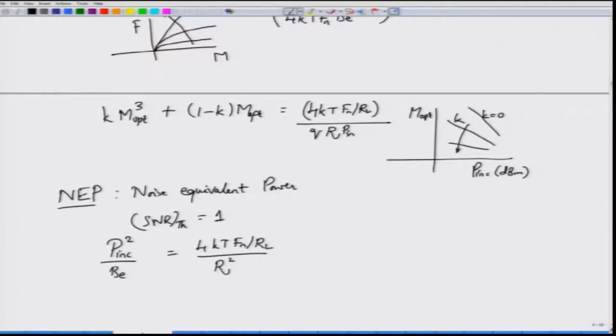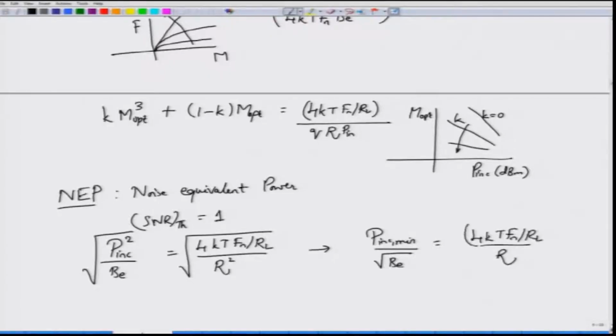You can take this R square to the left hand side and you get I_ph square, and that is how I have rewritten the equation. Then we take the square root on both sides. So, I get the minimum optical power per square root of bandwidth, which should be equal to (4kTFn/RL) to the power half, divided by responsivity R.